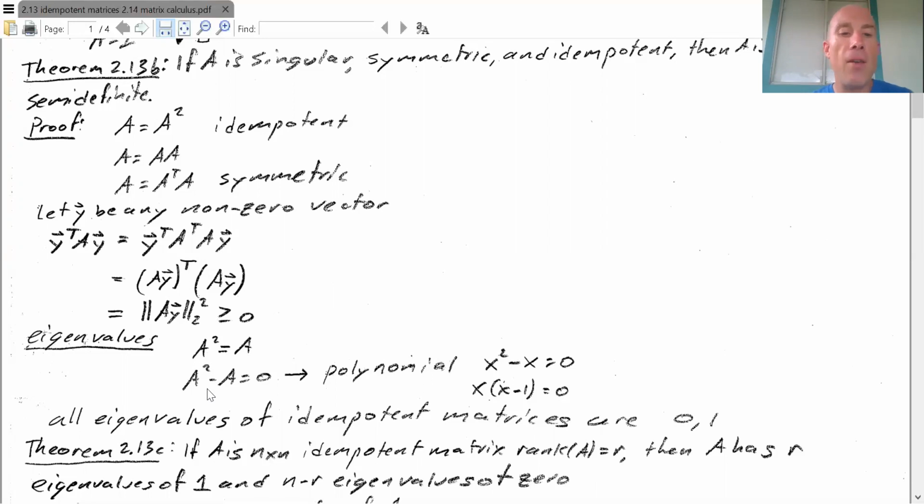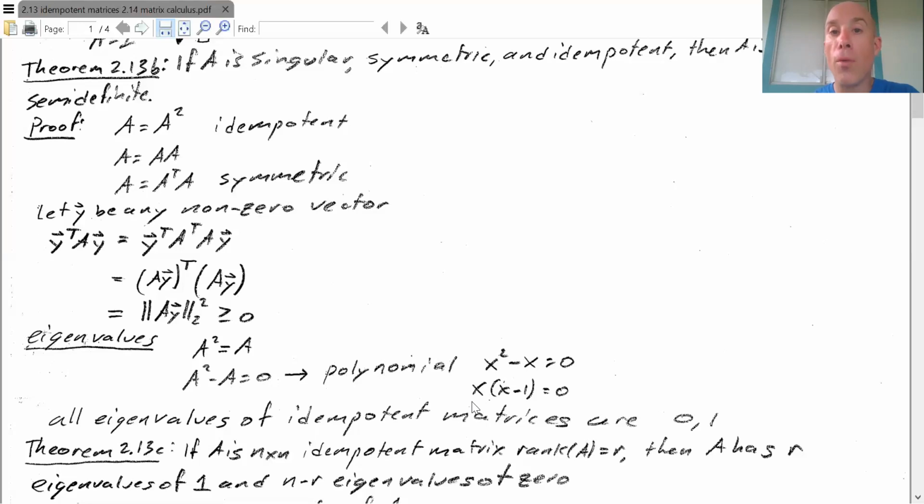If I see that A squared minus A is equal to 0, I know that this divides the characteristic polynomial and the minimum polynomial. So I factor it, and the eigenvalues are going to have to be equal to 0 or 1.